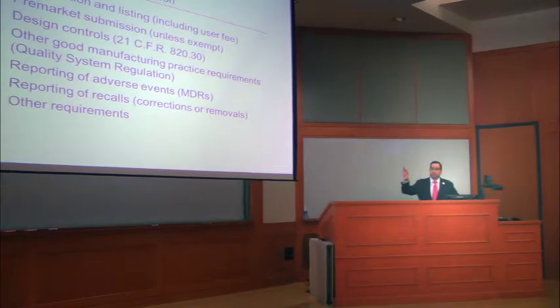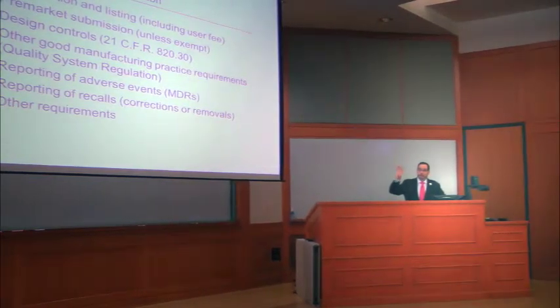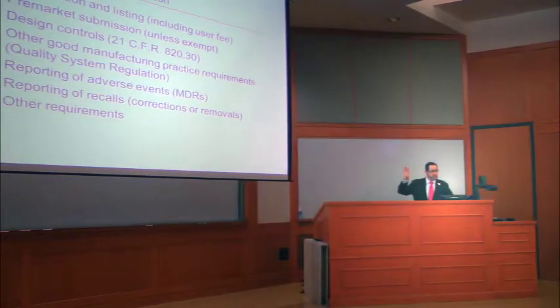And then there were other quality manufacturing practice requirements that you need to comply with. Those are set out in the quality system regulation. You need to report adverse events once you start marketing your product. You need to report when you conduct a recall. And this could also apply to when you update software.